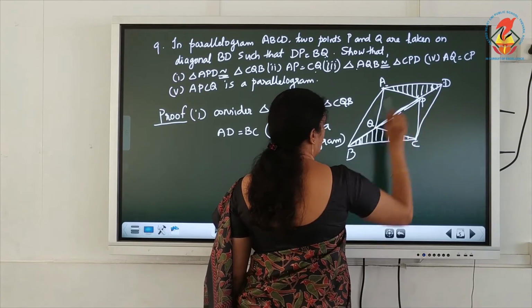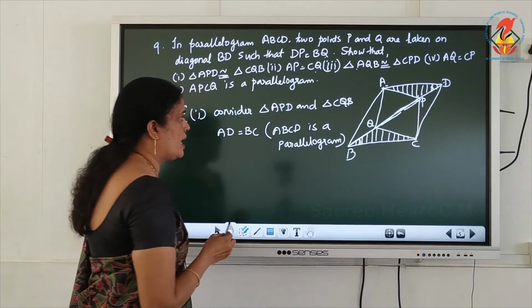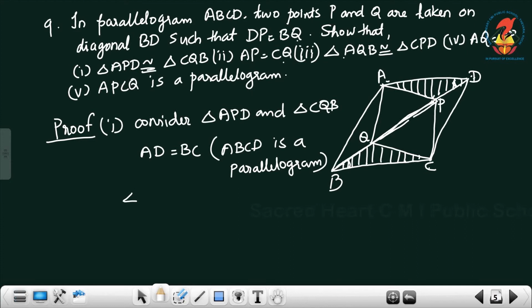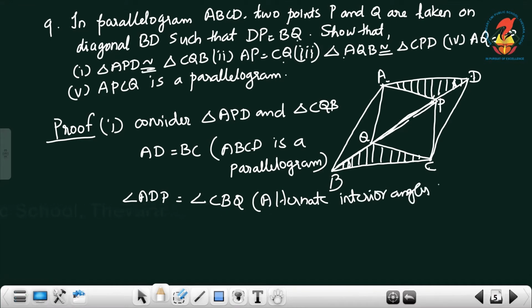These two angles are alternate interior angles, they are equal. Angle ADP equal to angle CBQ. Alternate interior angles are equal.